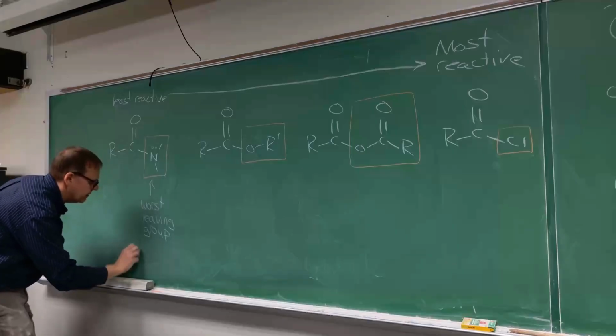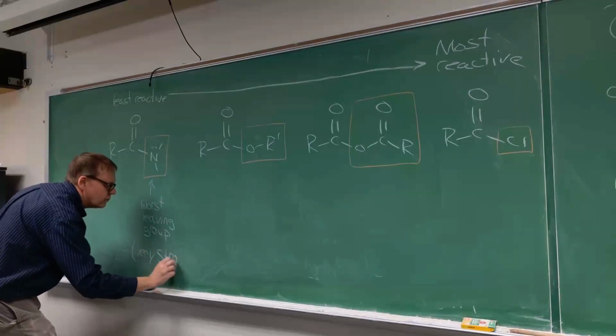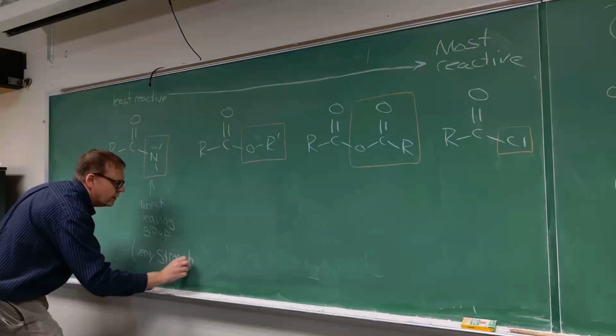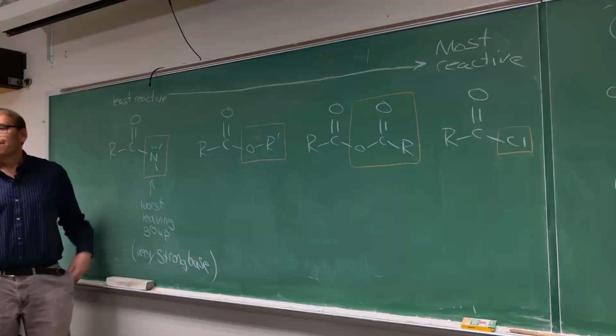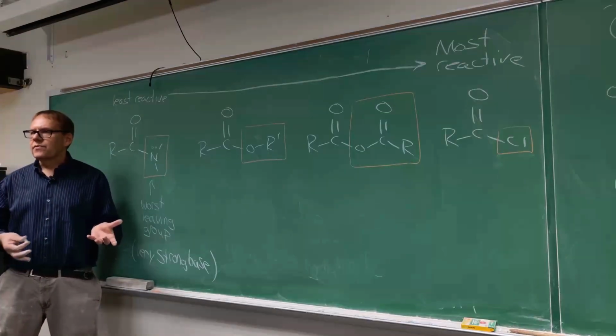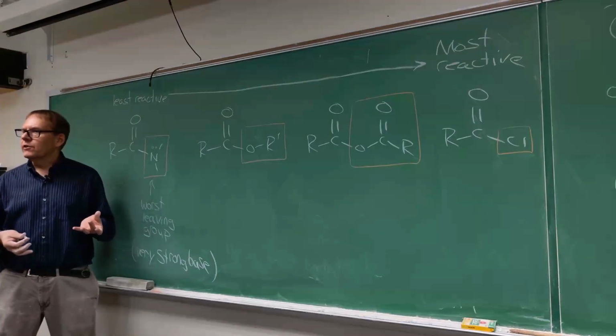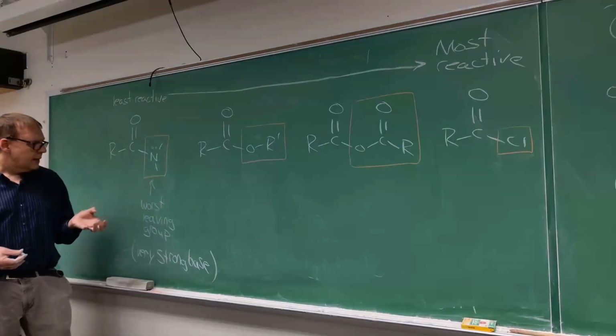When it leaves, it's a very strong base. If you look at the pKa table, the pKa of NH3 is 38, which is a very, very weak acid, which means that nitrogen minus is a very strong base.